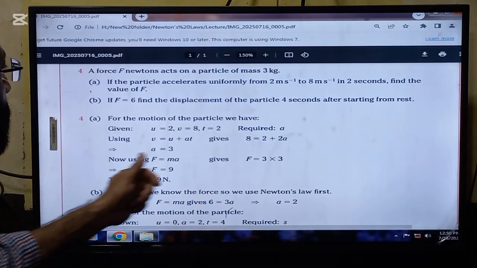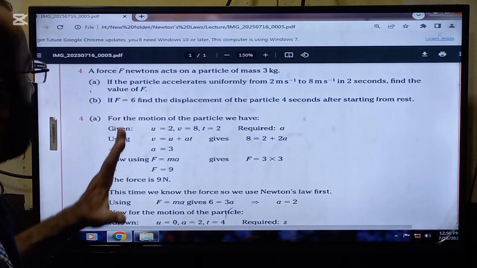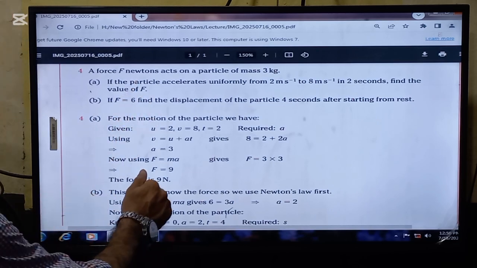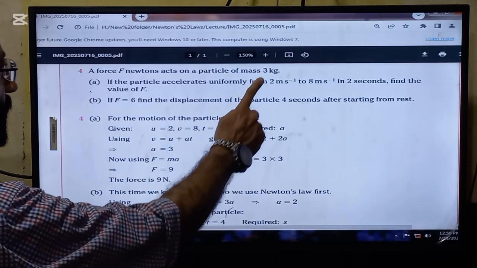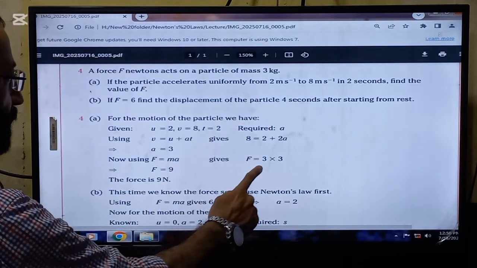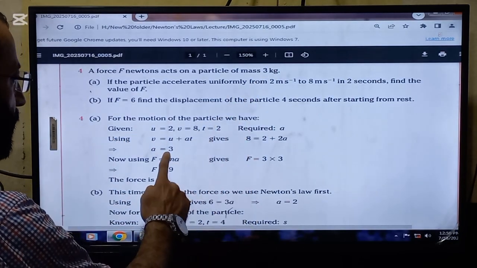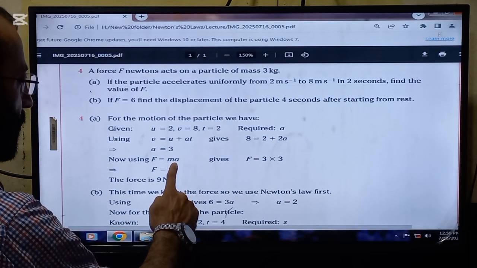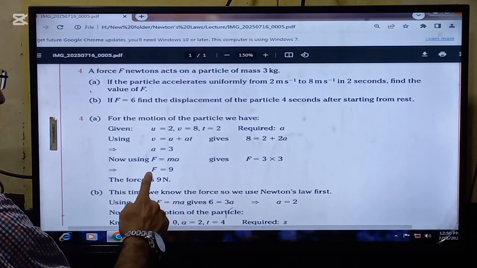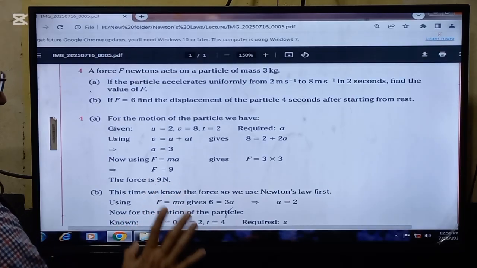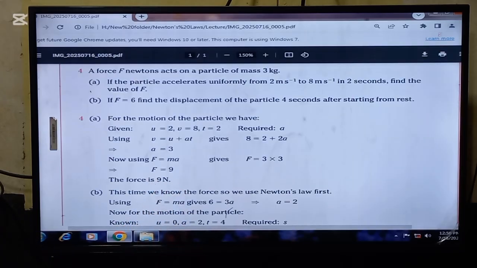Okay, now the requirement is to find the value of F, and now the formula that will be used is F is equal to ma. So mass is 3 kg, so 3 will be placed in place of M, and A is 3, so 3 will be placed in place of A as well. So 3 threes are 9, and because this is force, 9 Newton is the answer.